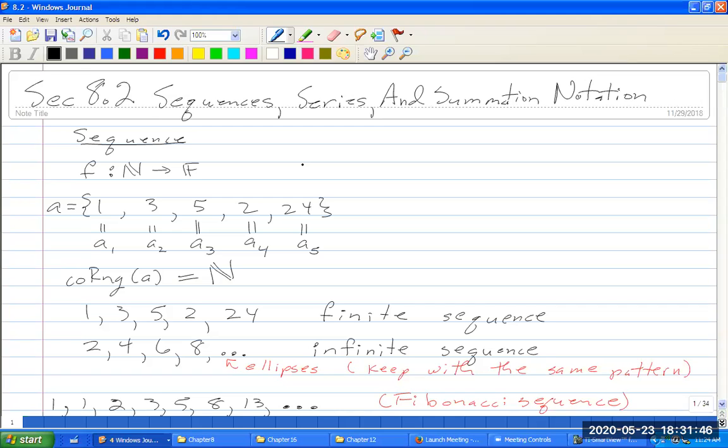So I'll say that A sub 1 is 1, A sub 2 is 3, A sub 3 is 5, A sub 4 is 2, A sub 5 is 24. So let's say the fourth term in my sequence is 2. The subscript tells you the term in the sequence.